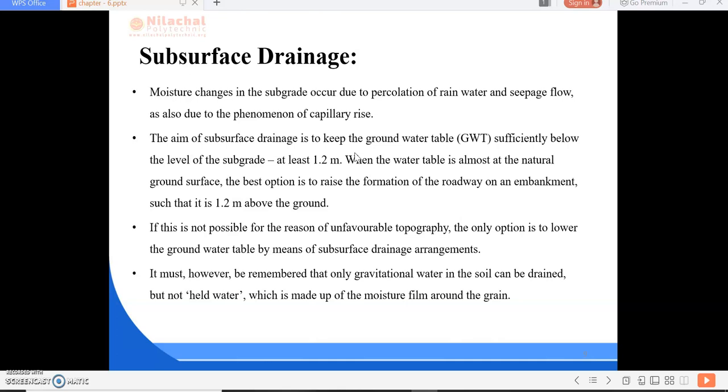The main important points are fluctuation of the groundwater table, which we have to calculate, then seepage flow, percolation of rainwater, and movement of capillary water, like capillary rise or capillary fall.